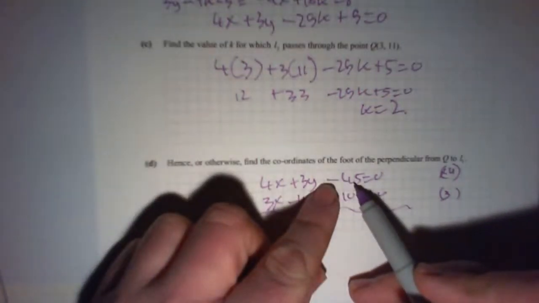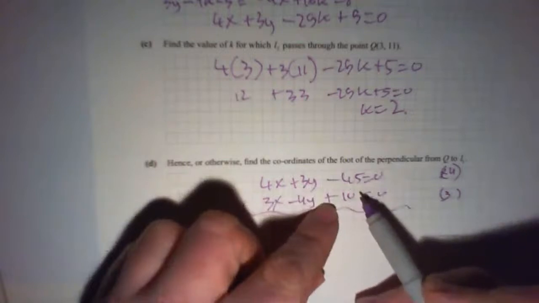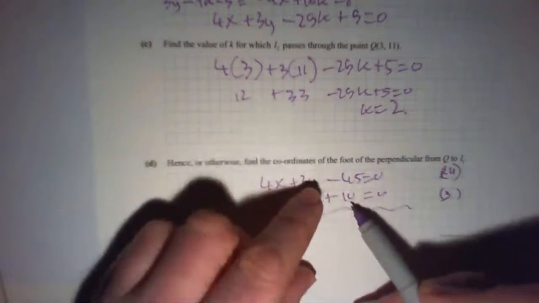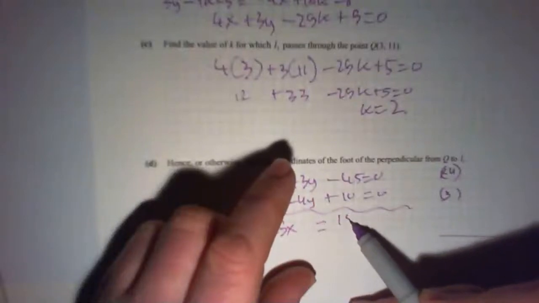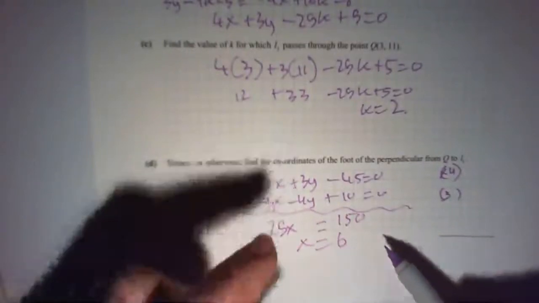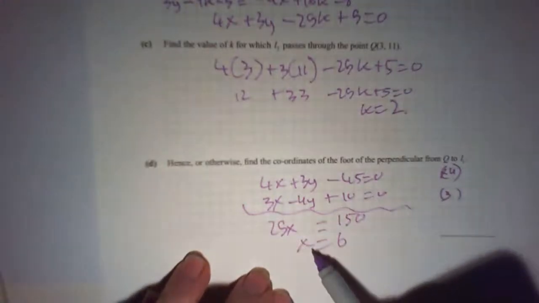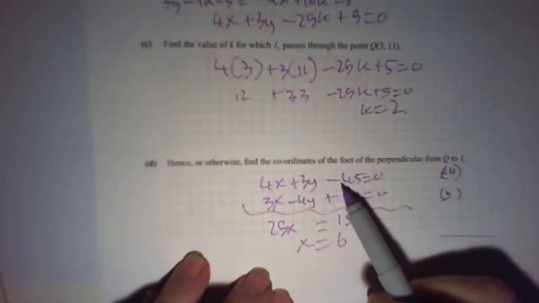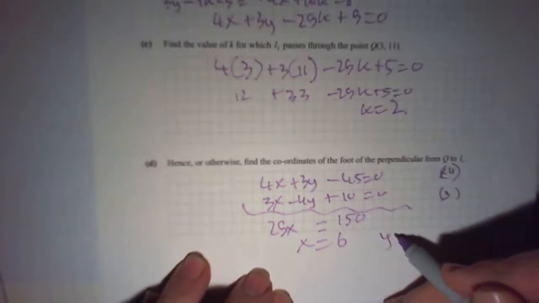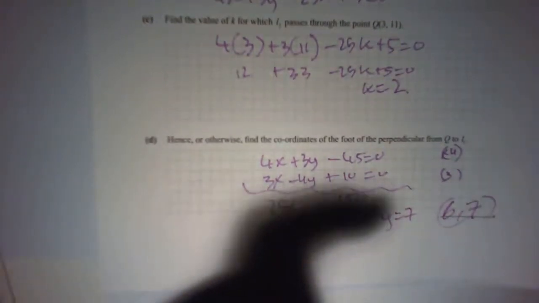And this times 4 is 40, this times 3 is 30, so minus 180 plus 30 is minus 150. Bring it across, you get 150. x is 6. If x is 6, then 24 plus 3y is 45, so y is 7. So 6 and 7 is the point we're looking for.